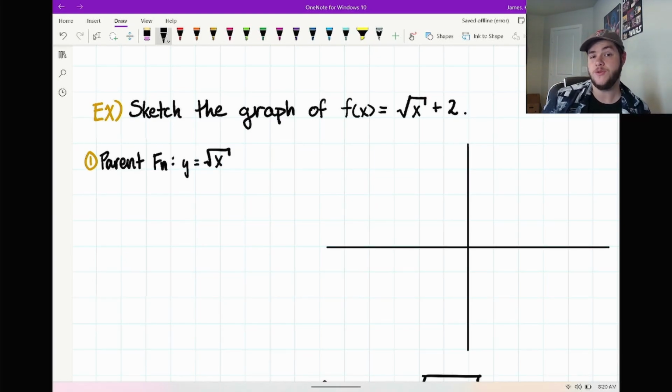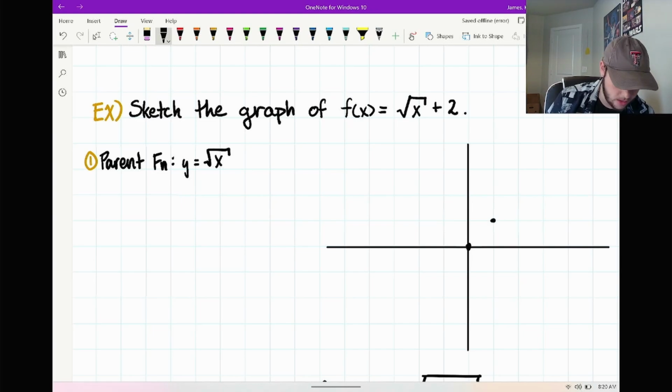Basically, which of those parent functions from the previous video are showing up in some way in this function? And this one looks almost like root x. So I'm going to sketch the graph of the square root of x with a dashed line, because that's not actually going to be the graph that I'm looking for.